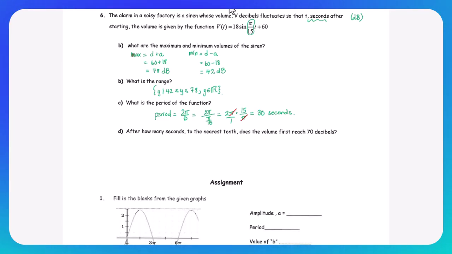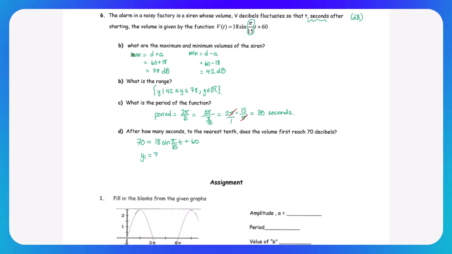There we go. Now the last one. After how many seconds to the nearest tenth does the volume first reach 70 decibels? Okay, so what really is happening here? We're saying, when does the equation equal 70? So basically, you're setting it up like this. And we're finding, what is y1?